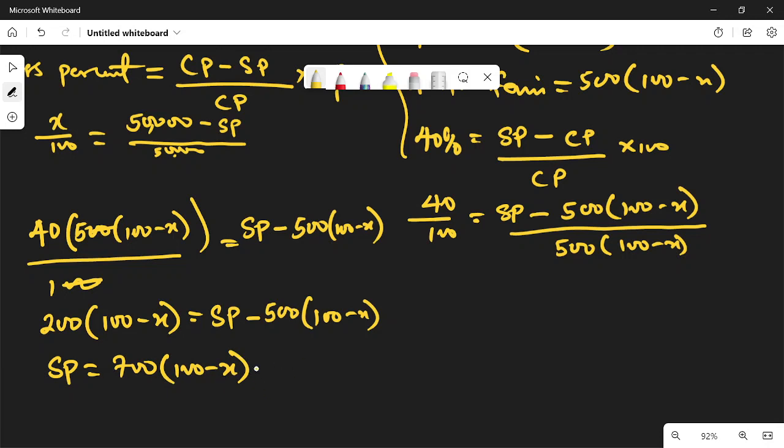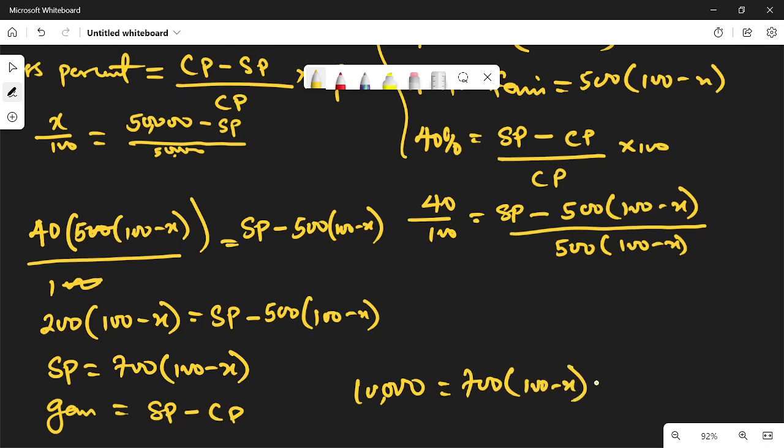So this is the amount that Femi sold it. So if Femi sold for this amount and he makes a gain of 10,000 naira, so the gain for Femi is going to be the selling price minus the cost price. So if the gain is 10,000 naira and the selling price is 700 into 100 minus X minus the cost price.